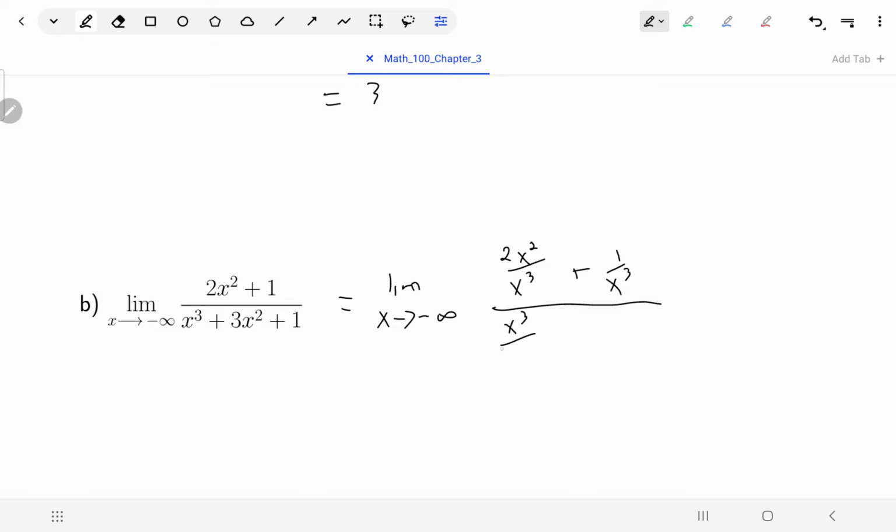And then we'll see what happens after I've done that. After I've done that and simplified just a little bit, I'm going to see that all the individual terms I can evaluate, and none of the terms are infinity anymore. And in fact, I can find the limit for the numerator and the limit for the denominator.